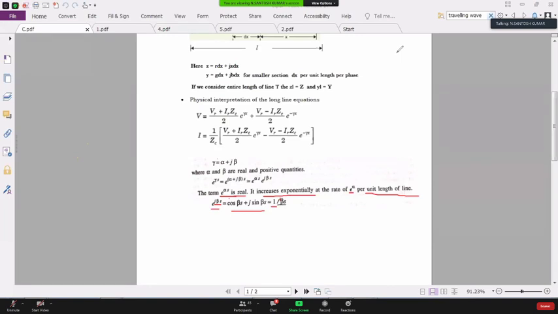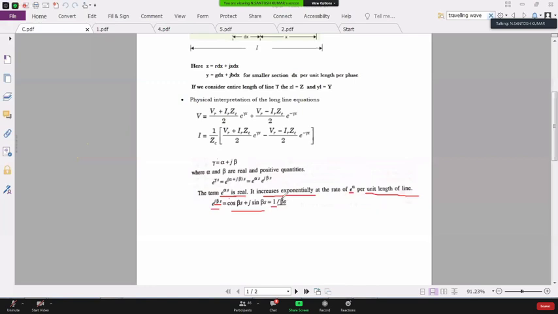Again, as we increase your s value, what about your beta? Will it increase or decrease? Decreases, sir.